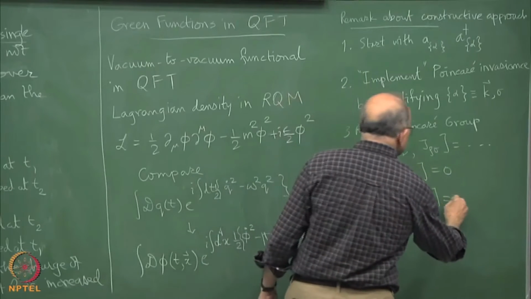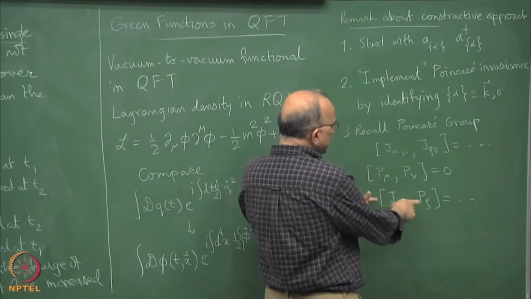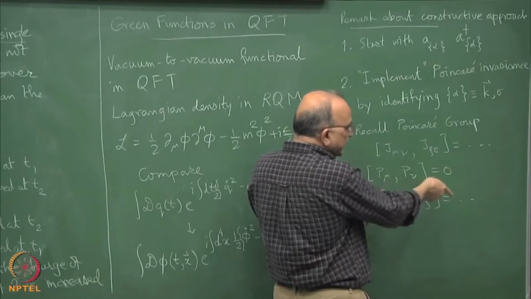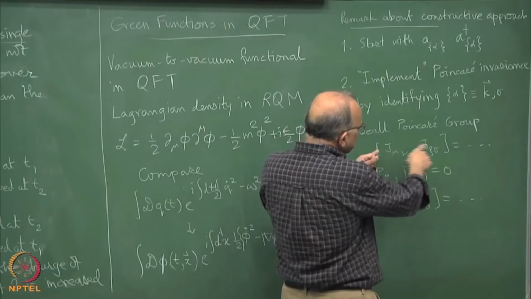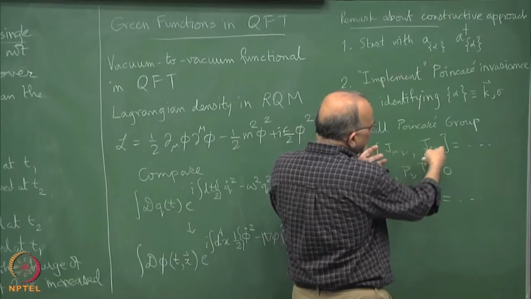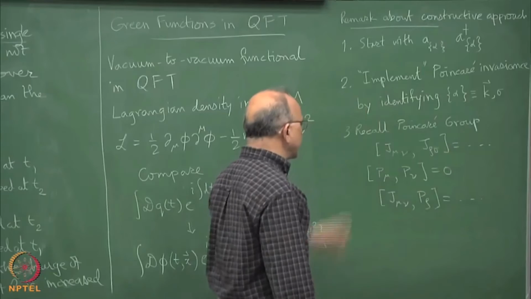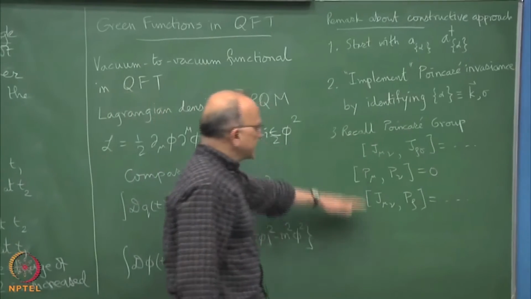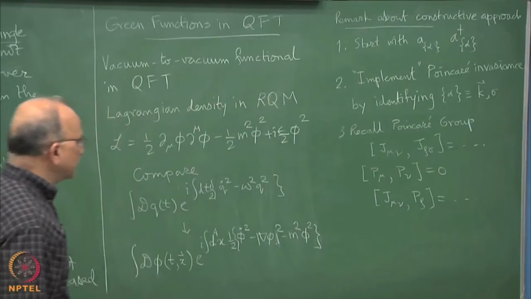This J mu nu P rho, because J mu nu is rotation generator, it will only rotate the P's into each other. These are the 3D part is the usual rotation group, and this is the Lorentz Boost. So this is the full algebra. This is the algebra of the Poincare group.